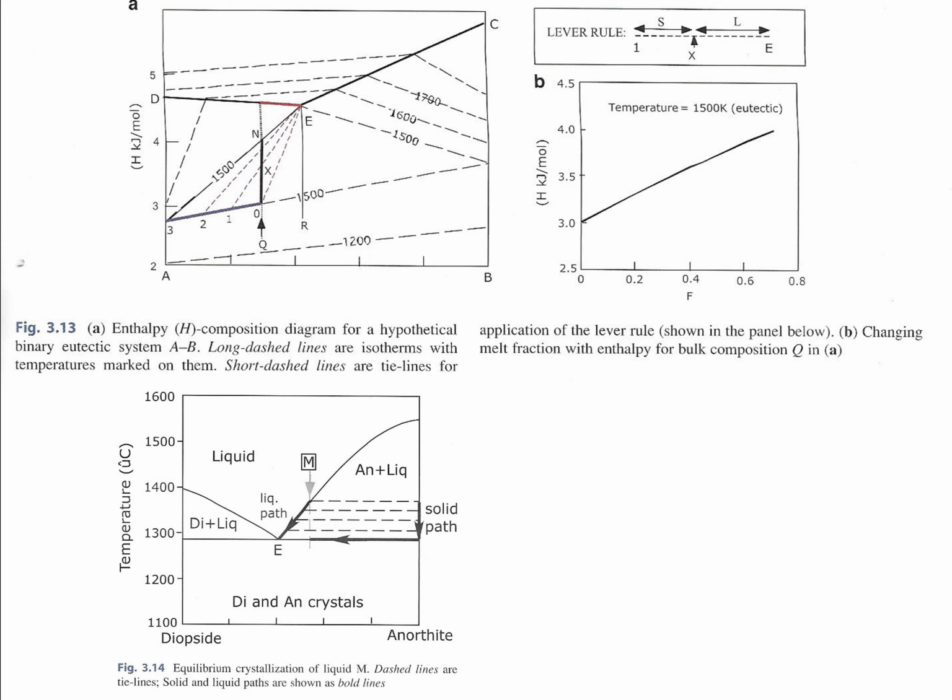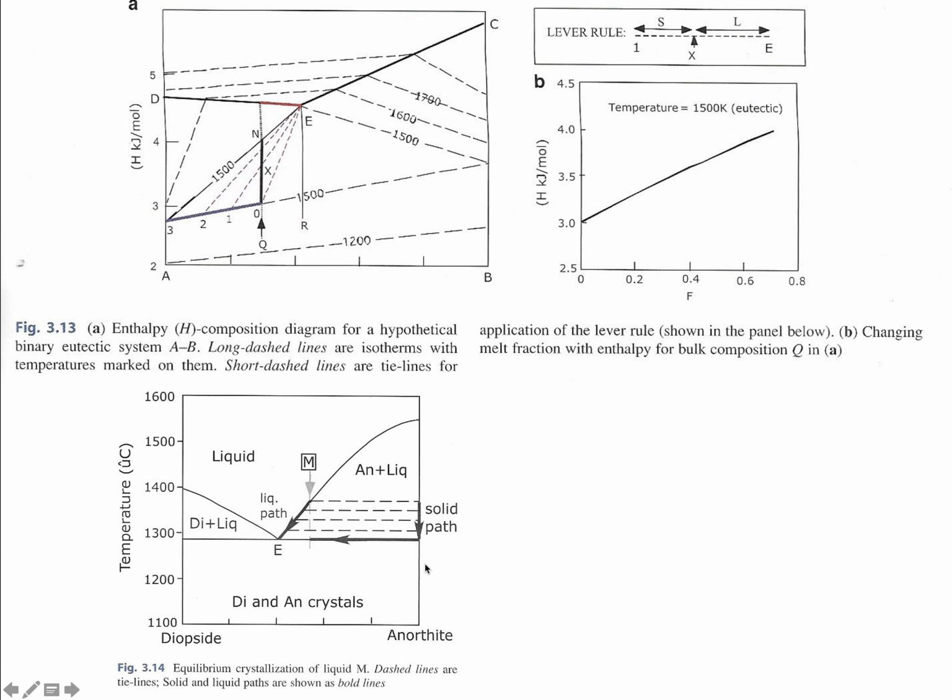And if we keep the temperature constant at a eutectic point at 1500 degrees, then our melt fraction will increase while the temperature stays constant, and the enthalpy will also increase with the increasing mole fraction.